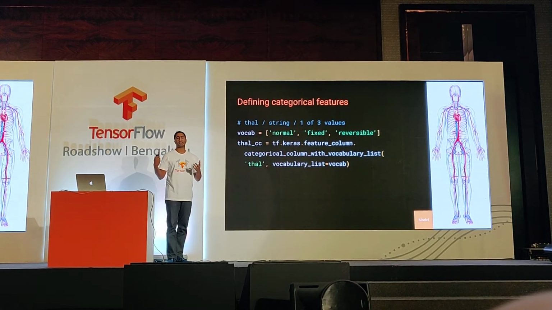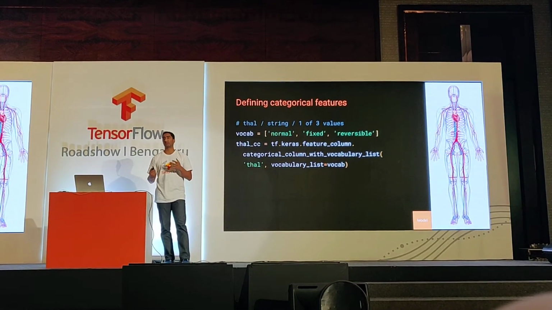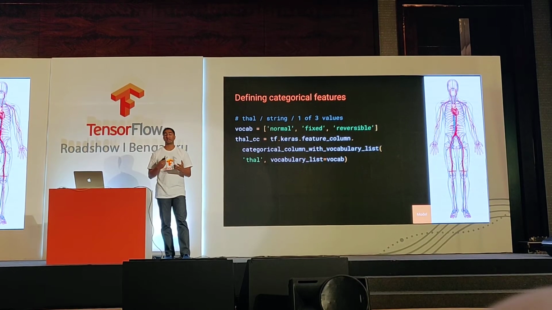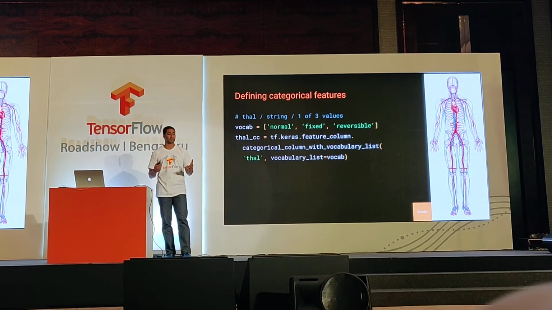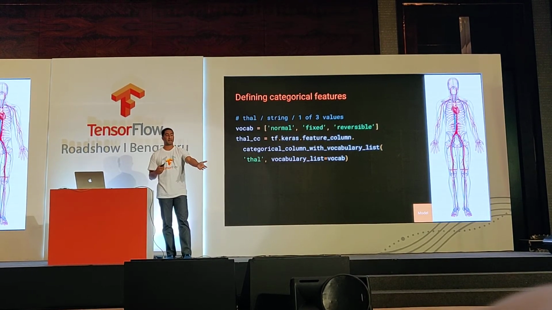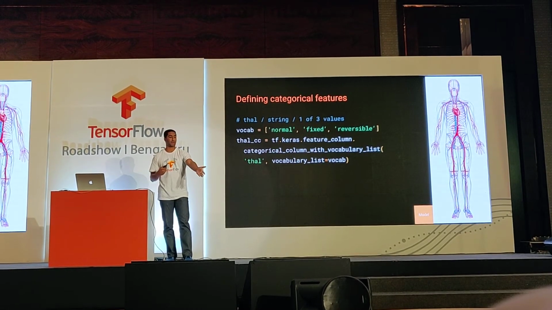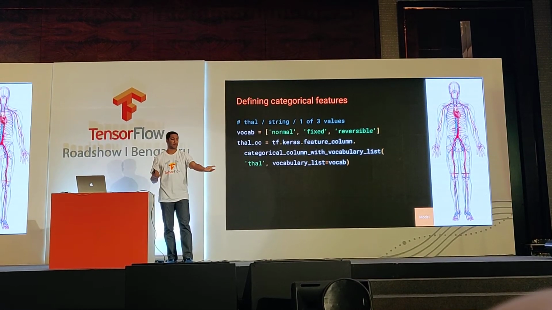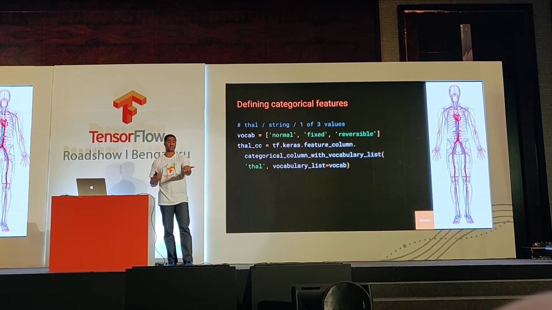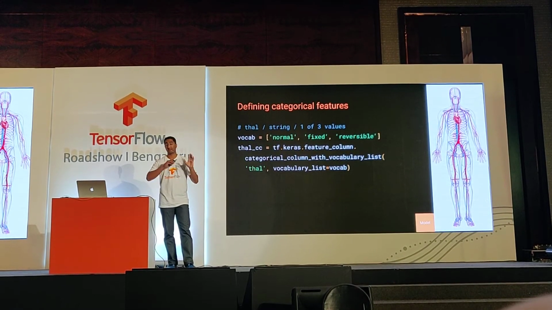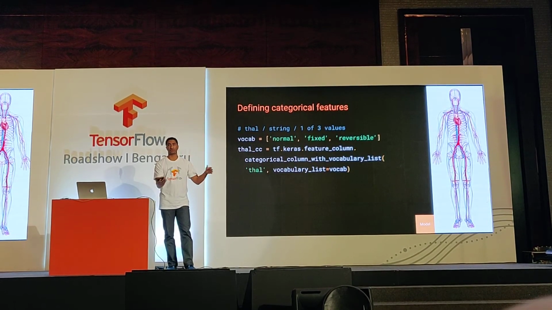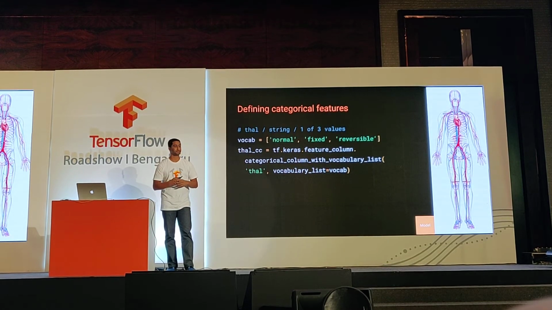So remember our thal feature was a type of defect that we saw in a thallium heart scan, and we have it represented by one of 3 possible strings. We would use the categorical column with a vocabulary list, and we have our list, normal, fixed, or reversible, and that's going to import the strings into numeric representation.